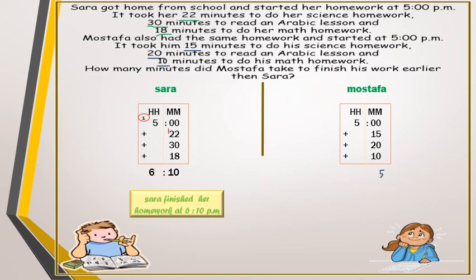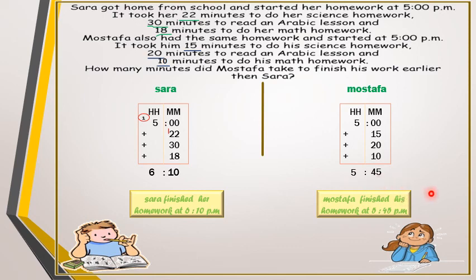And 1 plus 2 equals 3. 3 plus 2 plus 1 equals 4. So here it's 45 minutes. It's less than 60, so I can write it as it is. It won't carry up any hours. So I have here only 5, so I will drop down this 5. Now that means he finished his homework at 5:45 p.m.